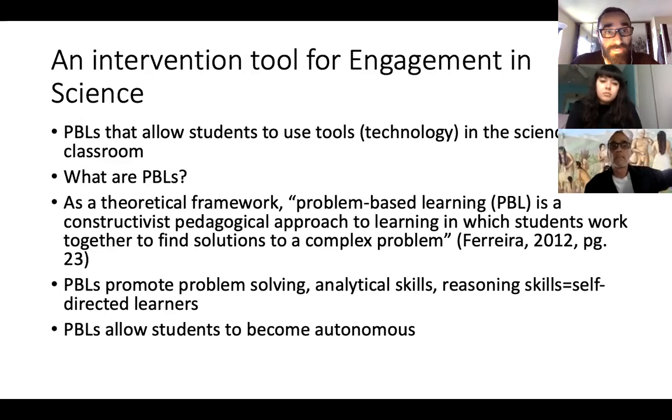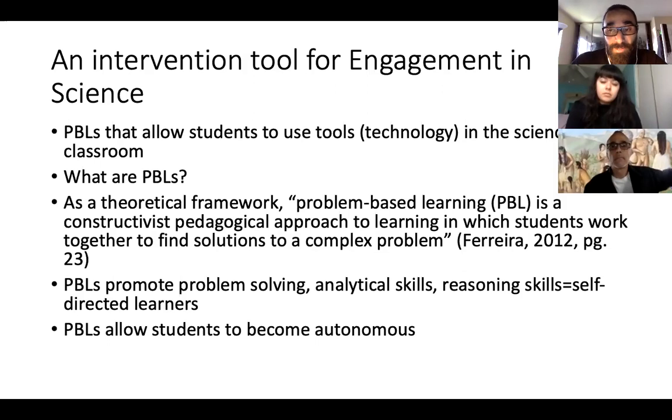And in case you guys aren't aware, PBLs, as stated by Ferreira, are a theoretical framework that is a constructivist pedagogical approach to learning in which students work together to find solutions to a complex problem, meaning that they learn as they do, right? Versus just lecture, right? So the cool thing about PBLs is rather than front loading information, students get to discover as they're doing and learn the information. So that's what PBLs are.